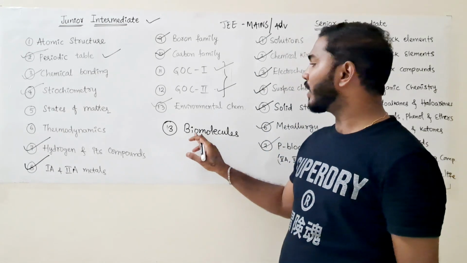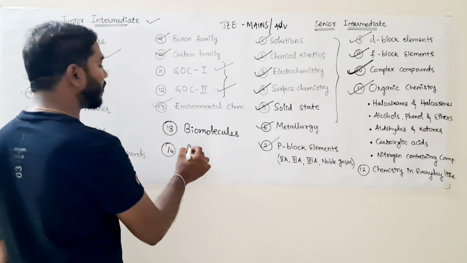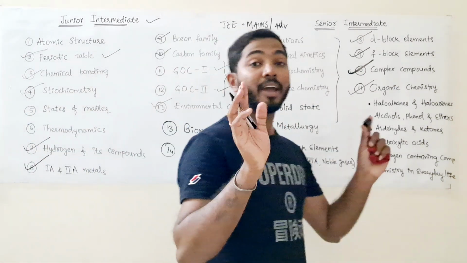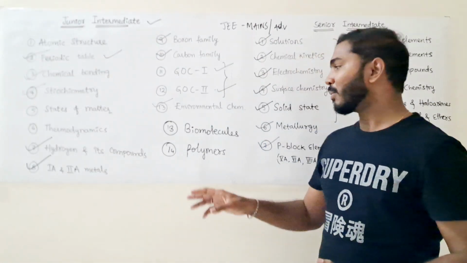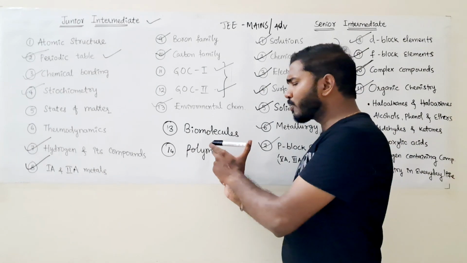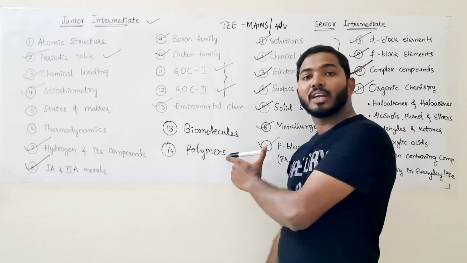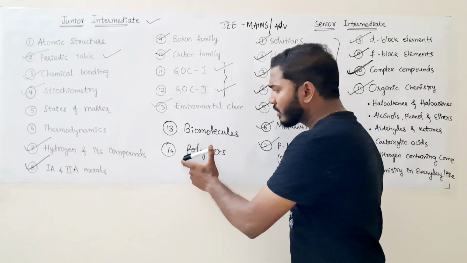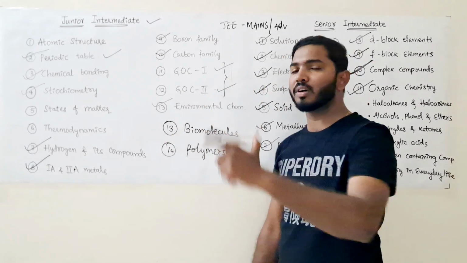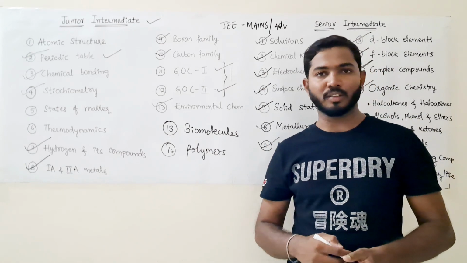Yes, the stuff will be included in this biomolecules. And then the last one, a very important, very simple and the easiest chapter in the entire chemistry. I give more weightage and priority to polymers, because it is a very small chapter and the questions will be asked directly from the NCERT textbook. So I request everyone to give more priority to polymers when it comes to mains and advanced.